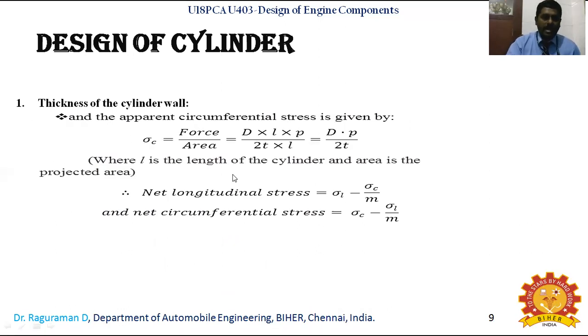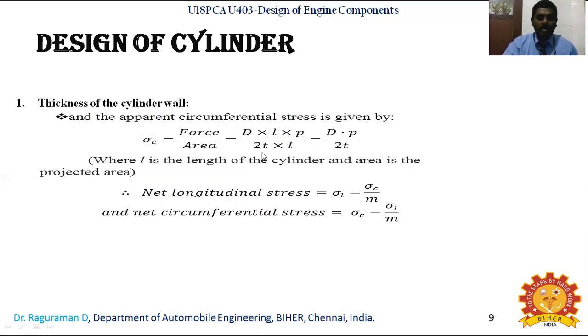And as we had already seen, one is longitudinal stress, another is circumferential stress. In the case of circumferential stress, the force is going to act over the entire length. So you consider the length of the piston multiplied by pressure, so the inside diameter into length into pressure, D into L into p.